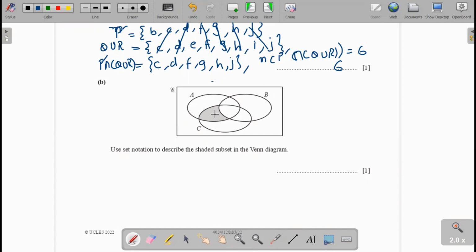We see that there is the A intersection C, but in this A intersection C, we have to subtract these members, and these members are the members of B. Therefore, we write A intersection C, but the values of B are not included here. Therefore, we write it as intersection B dash, because the elements of B are not included. Therefore, this is A intersection C intersection B dash.